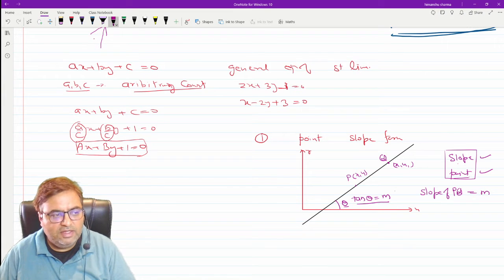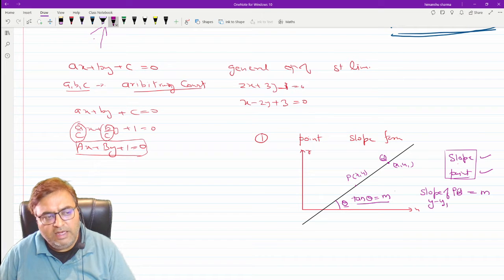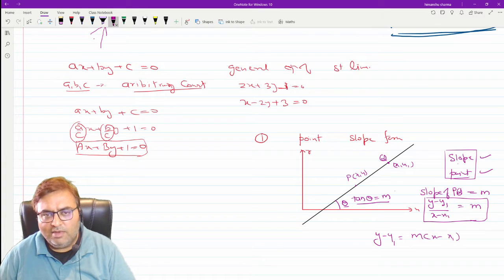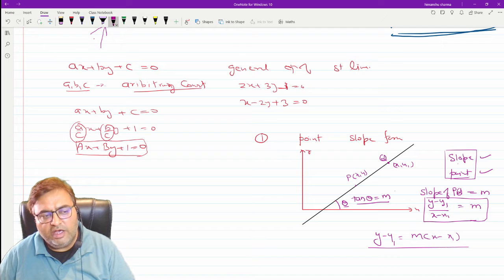But we can find the slope of the line joining 2 points as y minus y1 upon x minus x1. And it is already given equal to m. So any point which lies on the line will always honor this equation. So the equation becomes y minus y1 is equal to m times x minus x1. So this is the equation of a line in the point slope form.